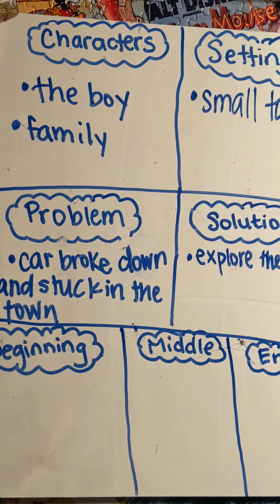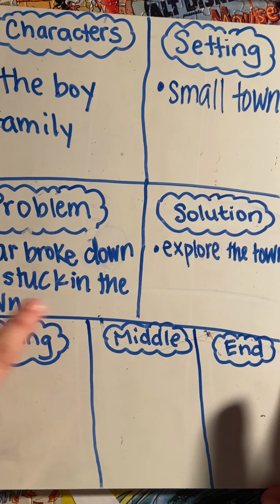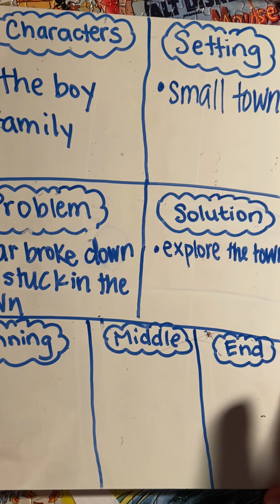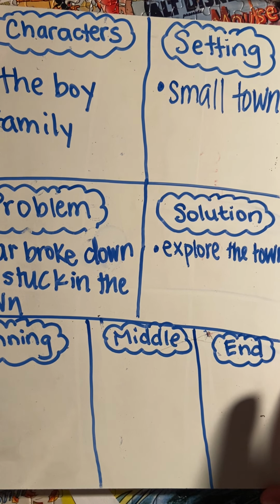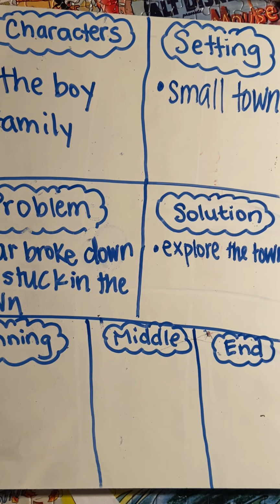And by exploring the town, the solution of how to make being stuck in a town because of a broken car better, they were able to find an awesome restaurant where they had fun and ate the peanuts and were enjoying it, and the family was like, well, this isn't so bad. The solution really wasn't the good news. It was that they decided to explore the town.